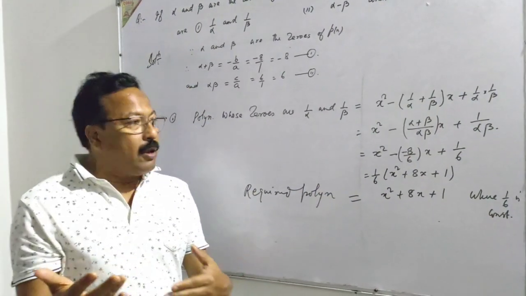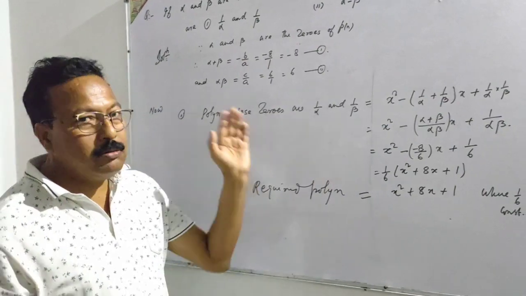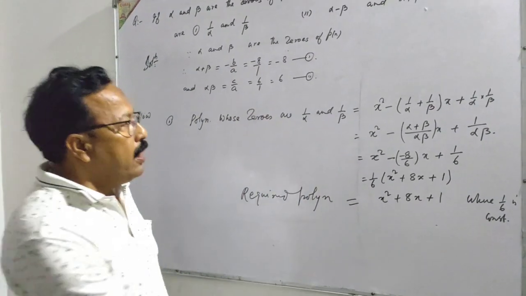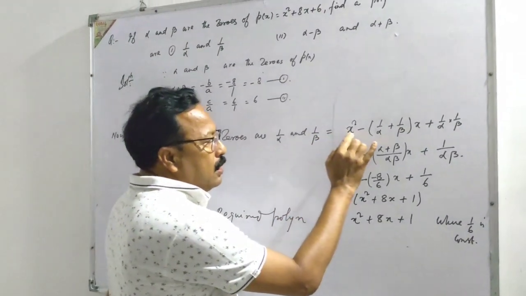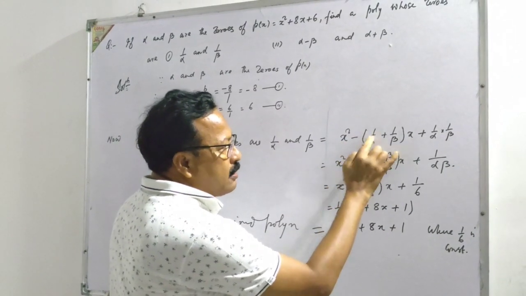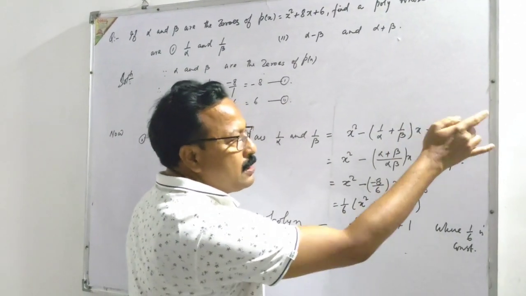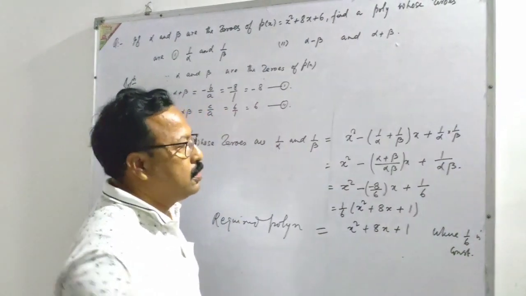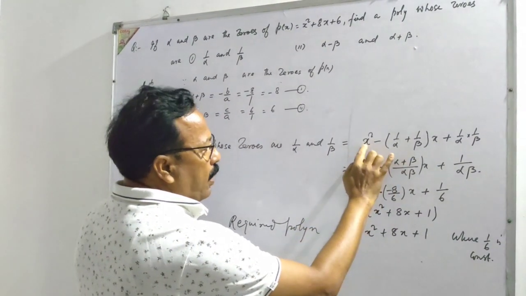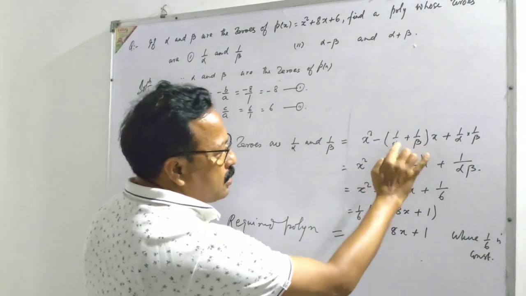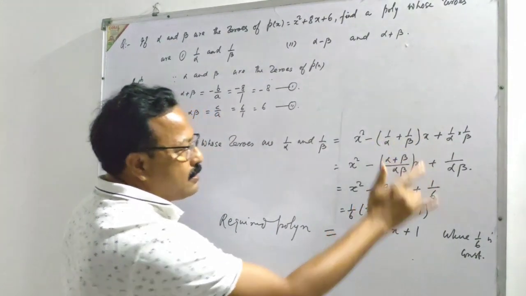From the formula, from the direction, whatever we have learned, the polynomial is x square minus sum of the zeros into x plus product of the zeros. Here, in x square minus sum of the zeros, you take the LCM.